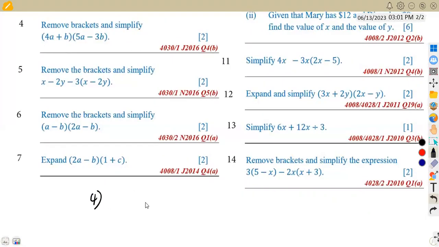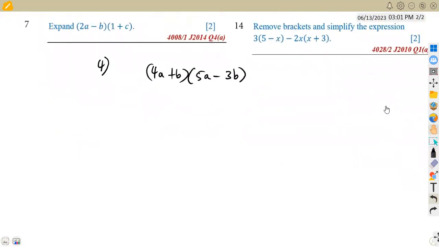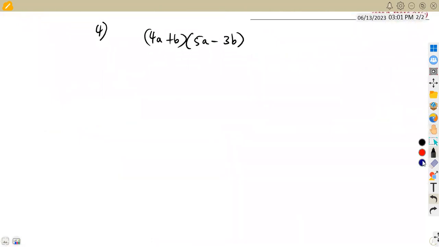There are many ways you can use, but if you check the first part, I explained the expansion this way, where 4 is going to multiply this part, b is going to multiply this part, and b is going to multiply this part also. Which is fine, but let us explain another way which can be of benefit to all of us.